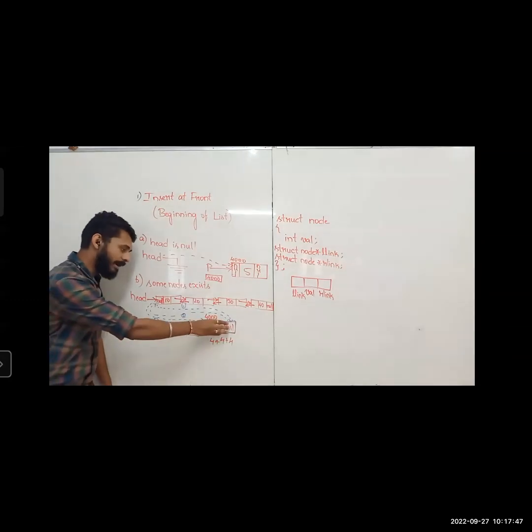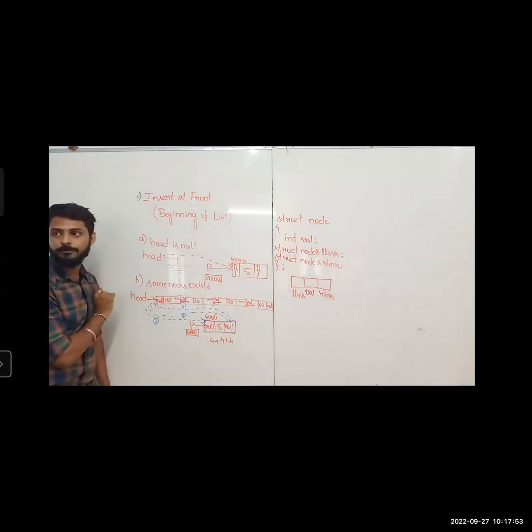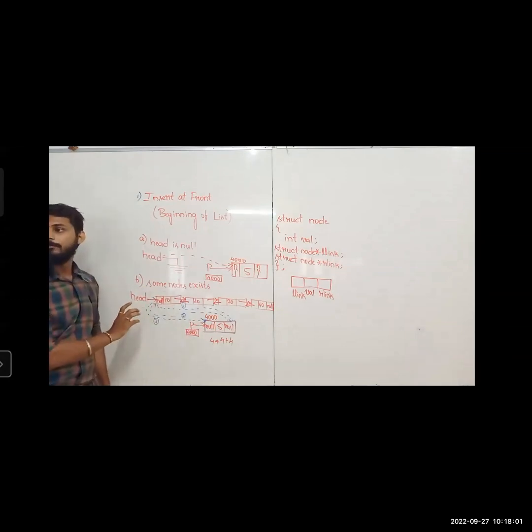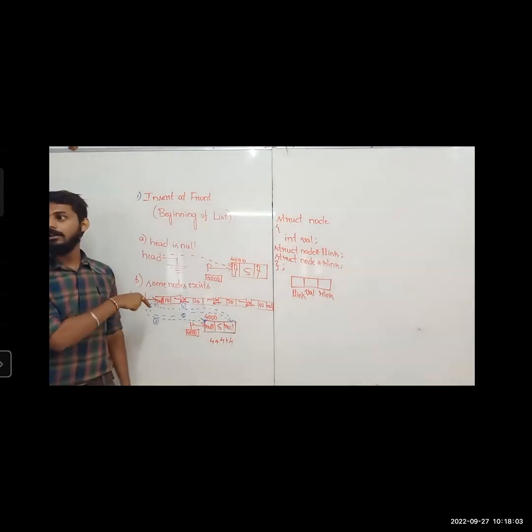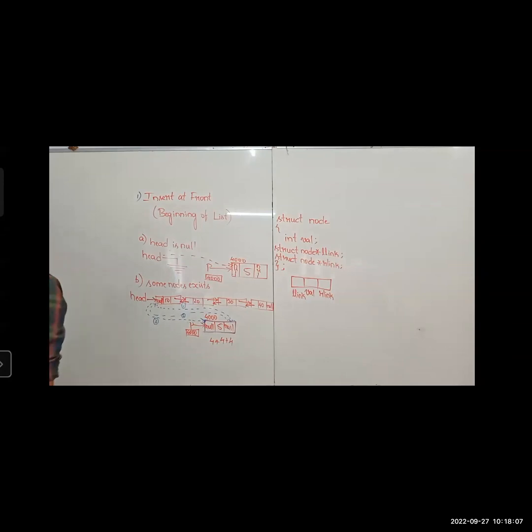Assume that you have added this one here now. Because of connections, you have added this one here. But your head is still pointing to where? 10. So what should I do? I should bring head back to my P. Why? Because now that P is the first node. Agreed? Got my point? Whosoever has the doubt.